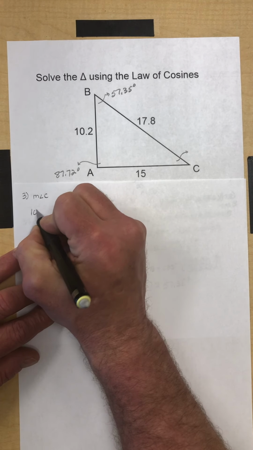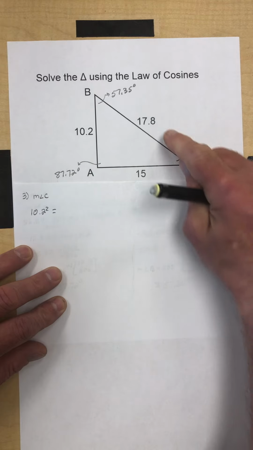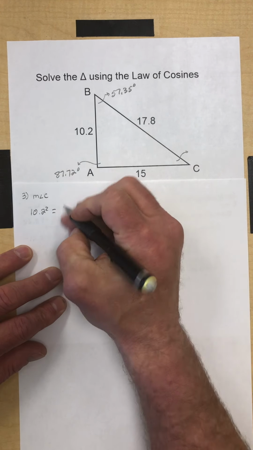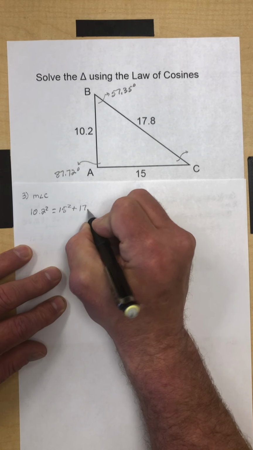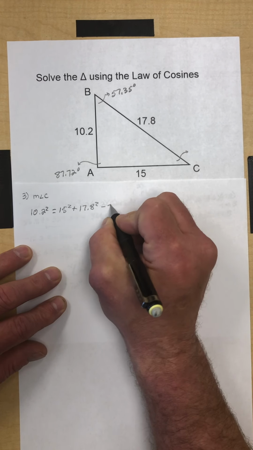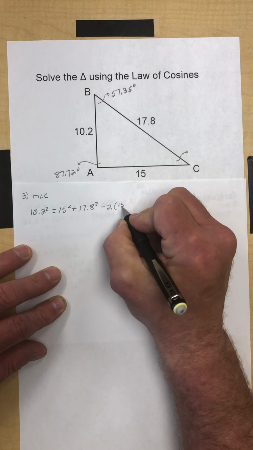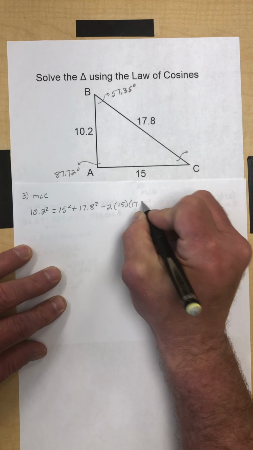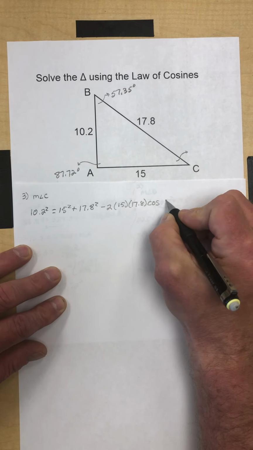So it'd be 10.2 squared equals the sum of the squares of the other two sides. So 15 squared plus 17.8 squared minus 2 times these two guys, 2 times 15 times 17.8 times the cosine of angle C.